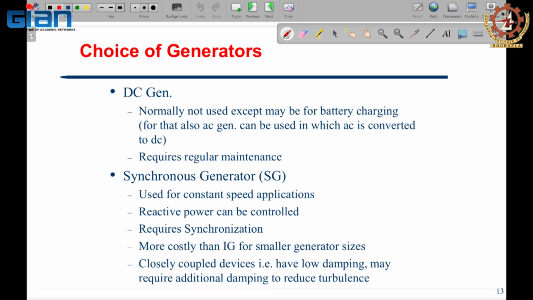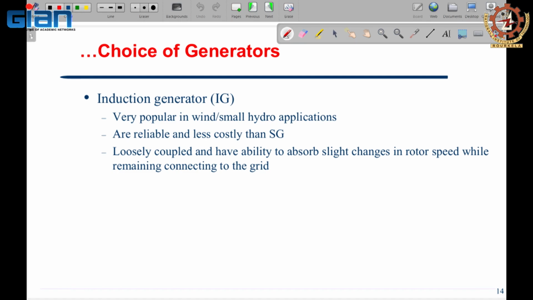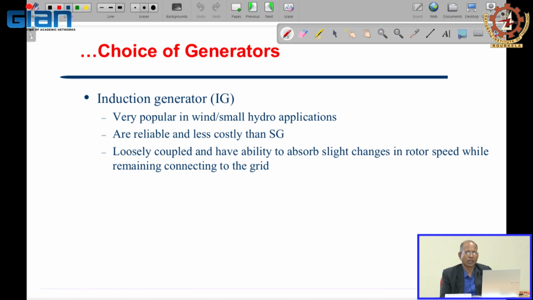We also talked about this: synchronous generators are closely coupled devices, so they have low damping and require additional damping to reduce the turbulence. Whereas induction generators are loosely coupled devices. They are more flexible and more robust in operation.